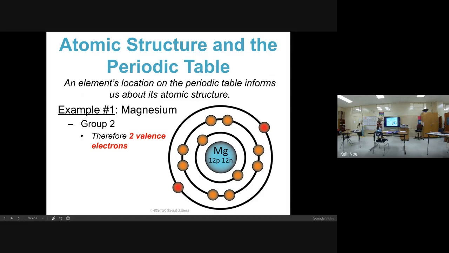It's going to have 2 valence electrons in its outermost energy level because it is in group 2. The group number tells you the outermost electrons, which are valence electrons, and in this image they're colored red. It is in period 3, so we have 3 energy levels, 1, 2, 3, outside the nucleus.